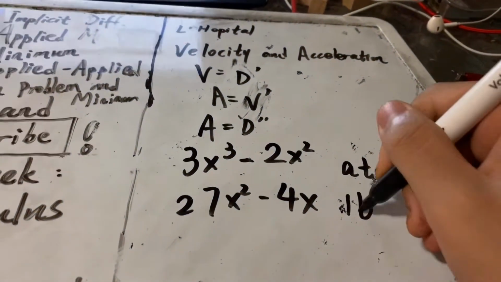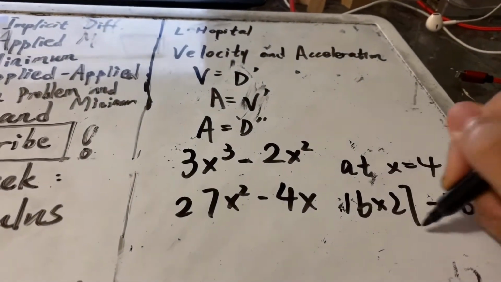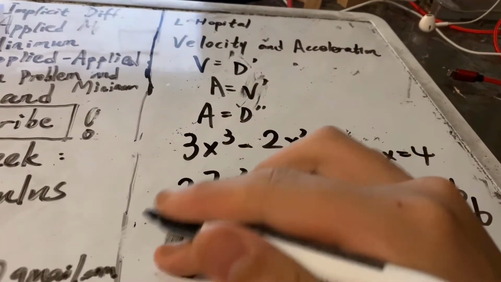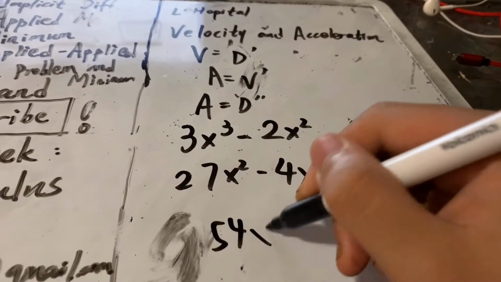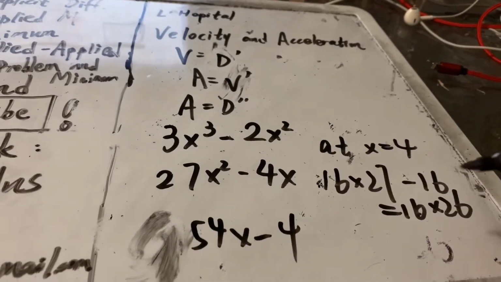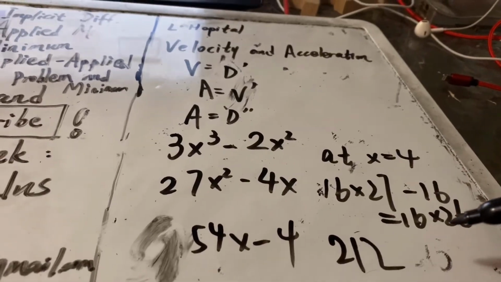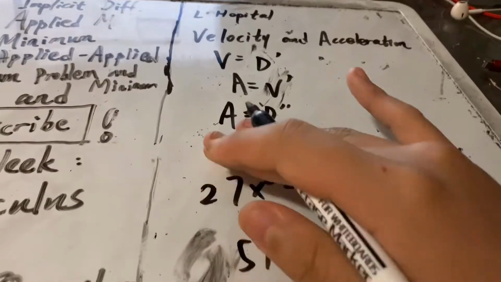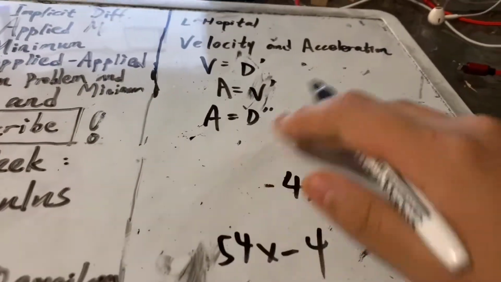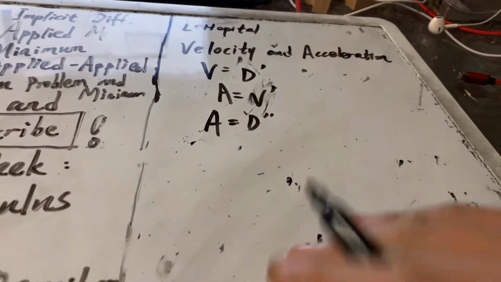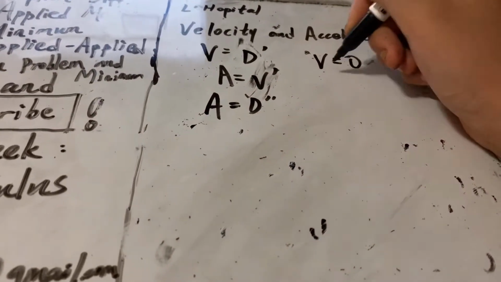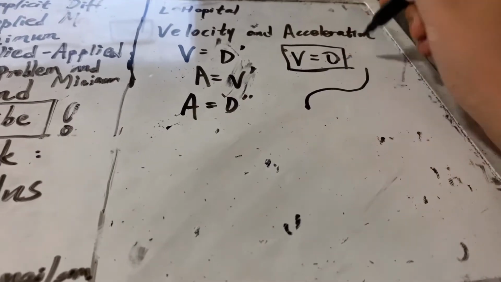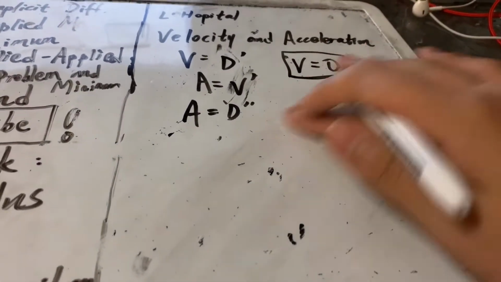And the acceleration is 54x minus 4, and we get 212 for the acceleration. So here is how velocity and acceleration work. It's just an easy thing. By the way, if velocity is equal to 0, it means the particle does not change, it does not move anymore.